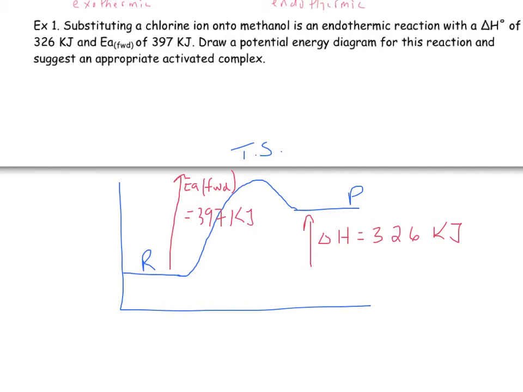Now the difference in energy from the products to the transition state, that's the EA of the reverse reaction. Now if I wanted to know the value, I would just subtract these two numbers.